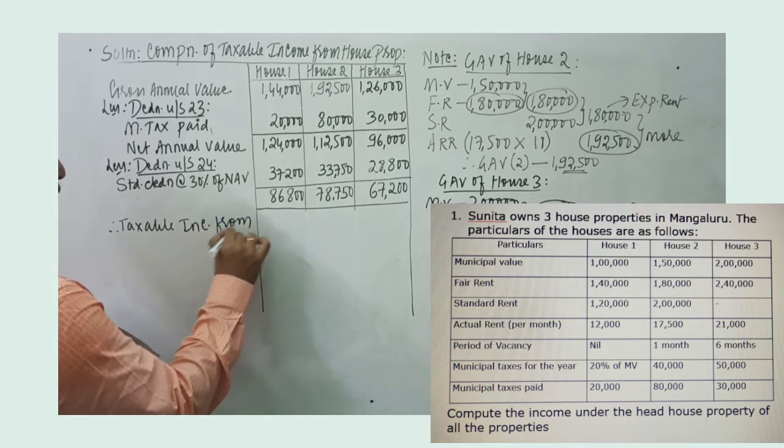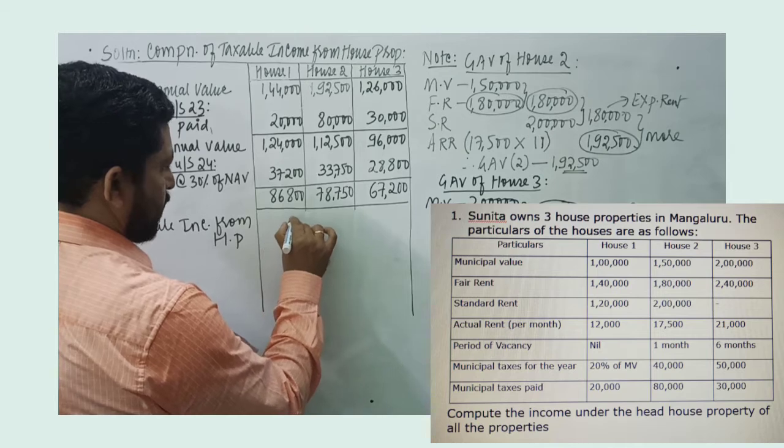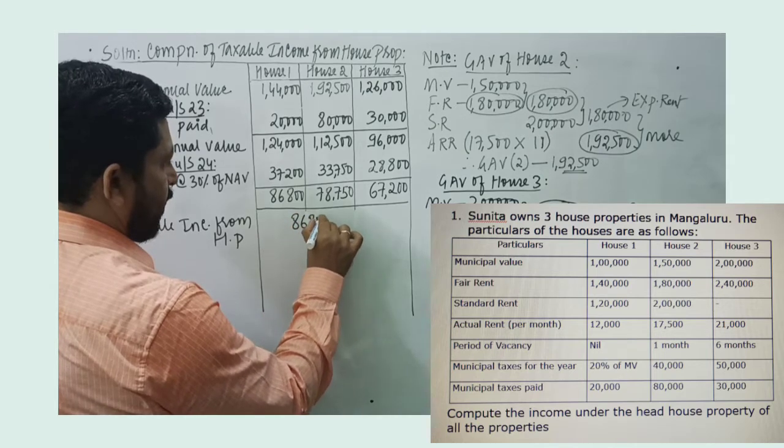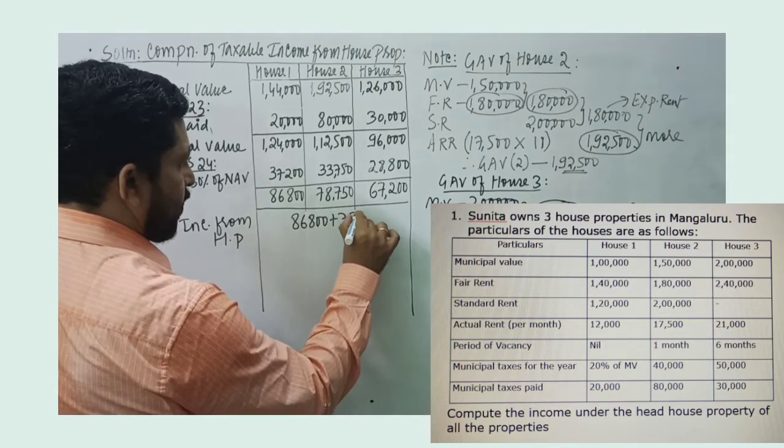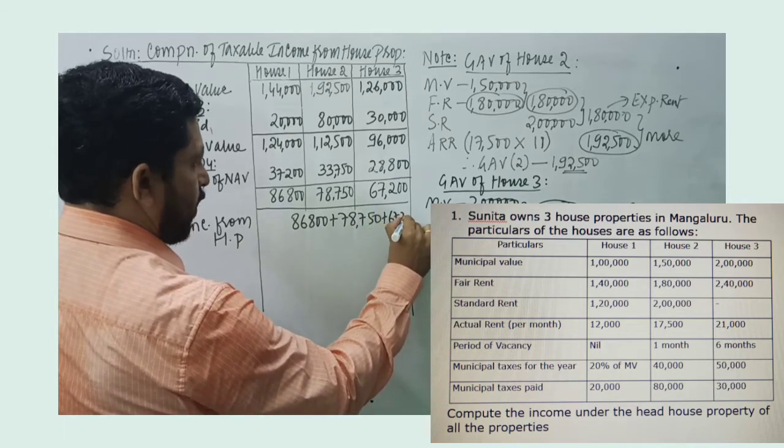Taxable income from house property will be adding up all these numbers. That is 86,800 plus 78,750 plus 67,200.